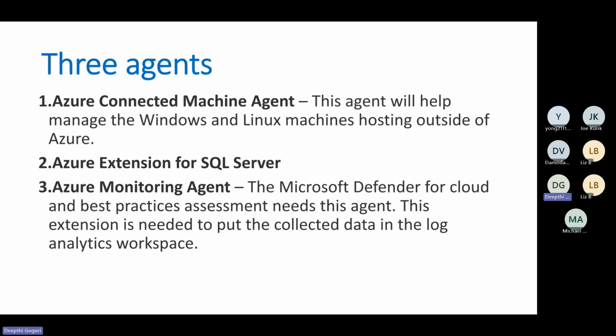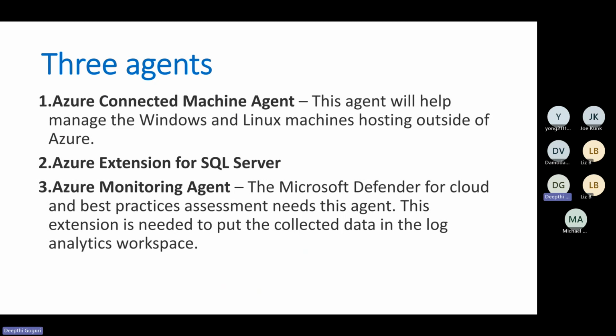So let's talk a little bit about, as an overview, we saw that Azure Arc is required to pull all of those servers or other cloud providers into the Azure portal to see them in a centralized location. But what is required to build this architecture? There are three things needed, three agents. First, the Azure Connected Machine Agent.